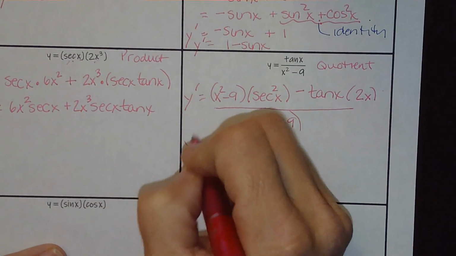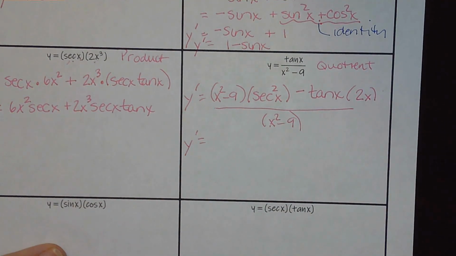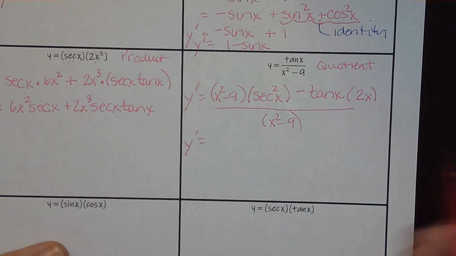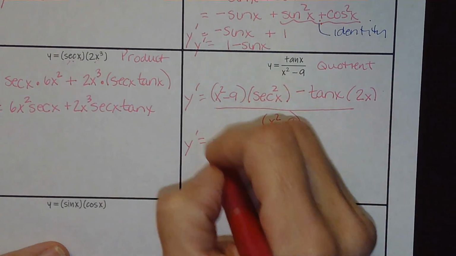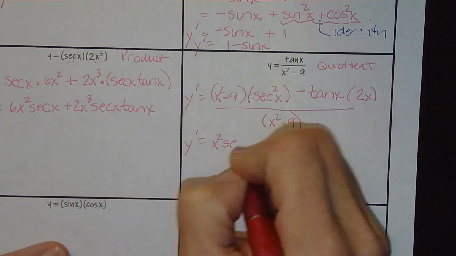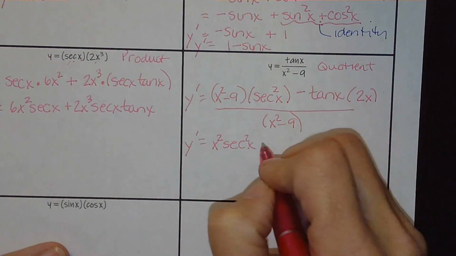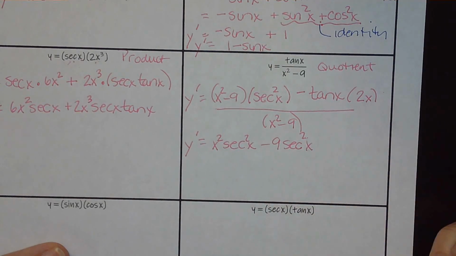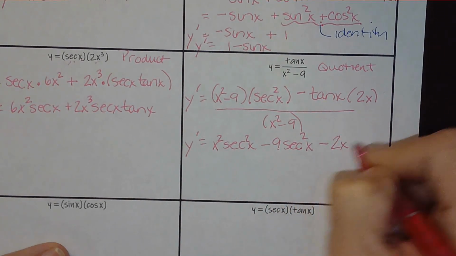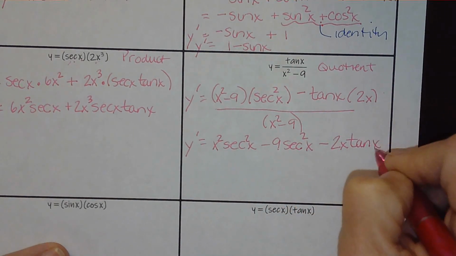Okay, so really, I think the only real cleanup that we need to do is distribute, and I have x squared secant squared x minus 9 secant squared x minus 2x times tangent of x.